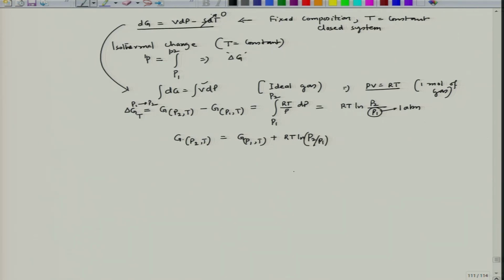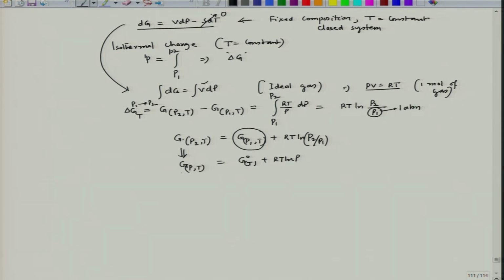Since P1 is taken as 1 atmosphere, this value becomes G naught, which is the standard condition at that temperature, plus RT ln P. So now this becomes G at P and temperature.